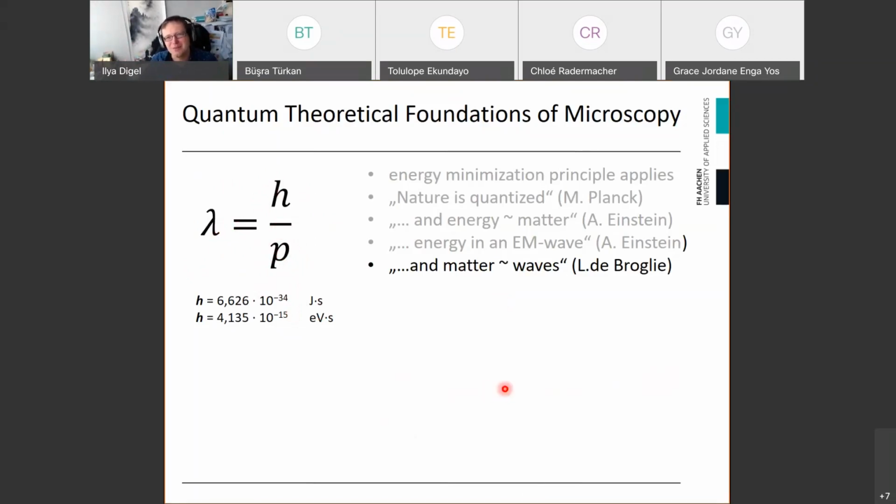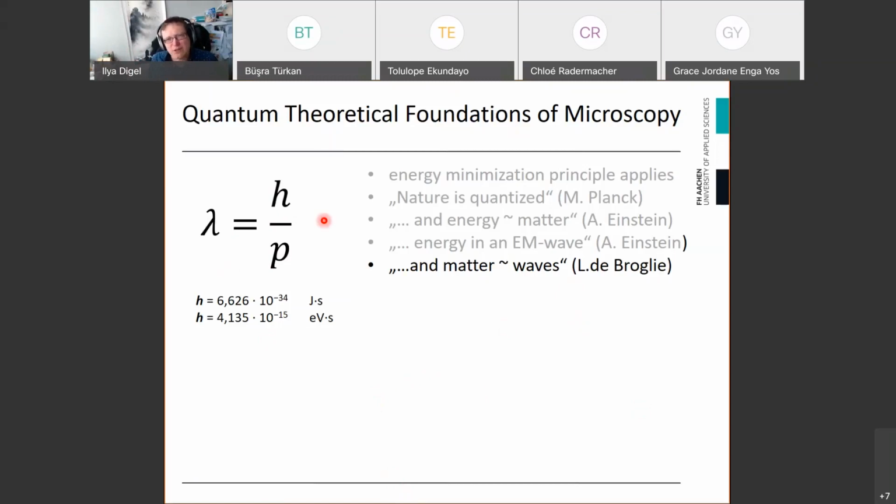At the moment, I'm riding my bicycle. I have certain momentum of motion, and I can calculate my own wave, which is intrinsic to me. And the same can be done for any material object, including, of course, some elementary particles.